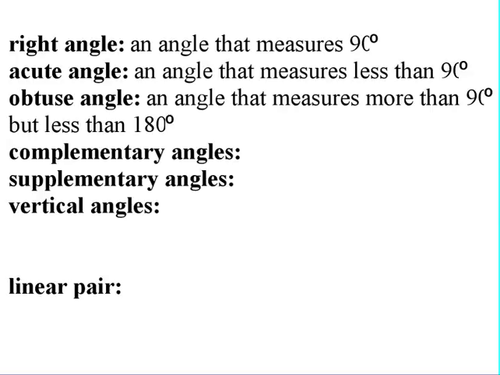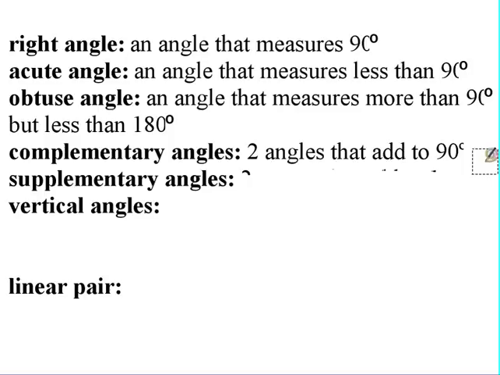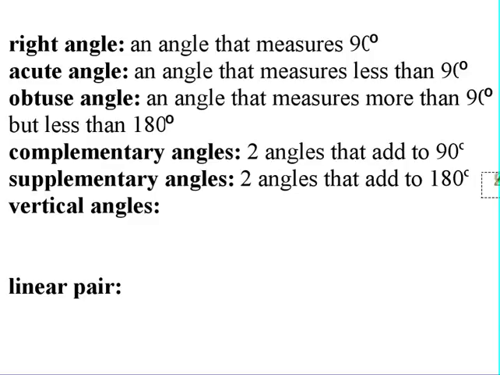Complementary angles and supplementary angles. These two are ones that you need to get straight right away from the get-go. Complementary angles are two angles that add to 90 degrees. Supplementary are two angles that add to 180. How do you keep them straight?